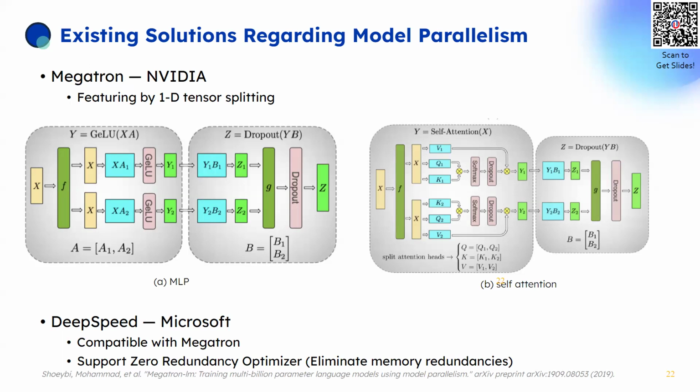If we have one device, it's just 4K by 2 million times 2 million by 128, and after computation, we know the result is 4K by 128.